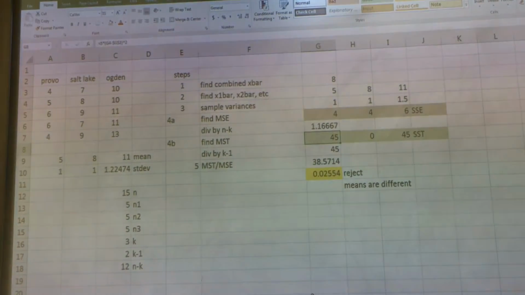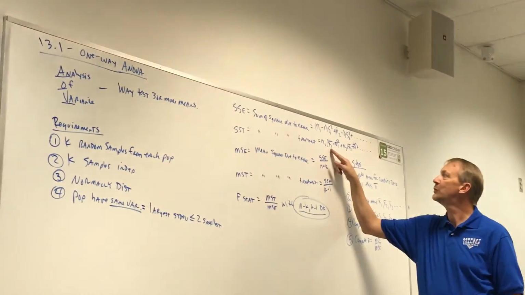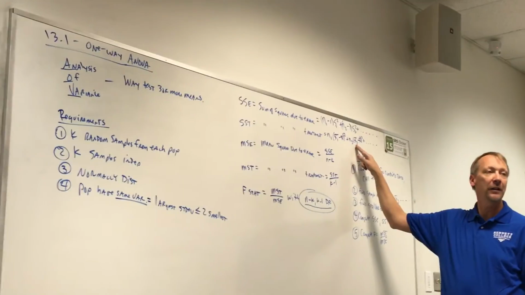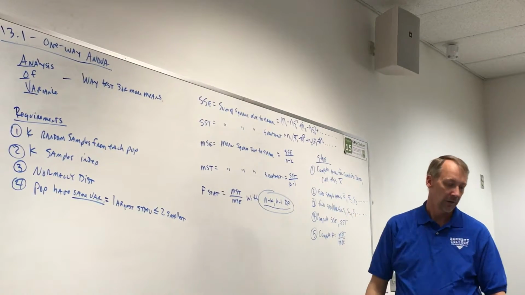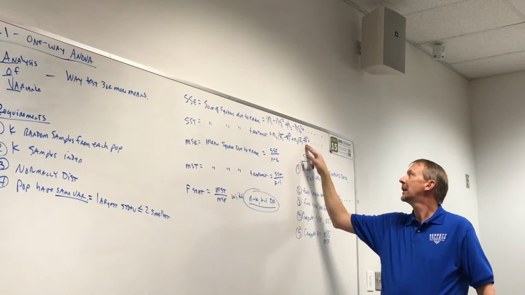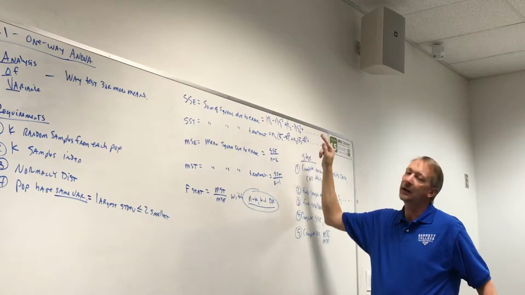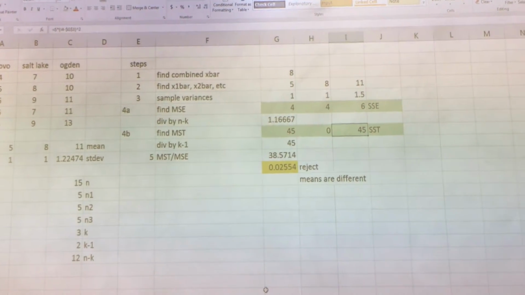That's how I got that 45. Then x2 bar is 8, minus 8 is 0. 0 times anything is 0. And x3 bar is 11, minus 8 is 3. 3 squared is 9, 9 times 5 is 45. Does that make sense? So there's my SST.